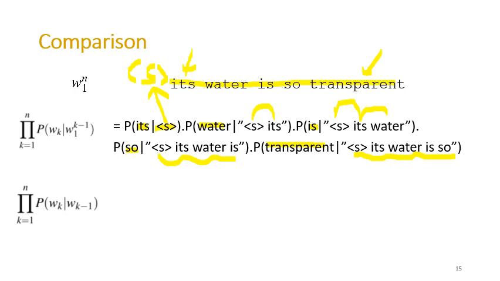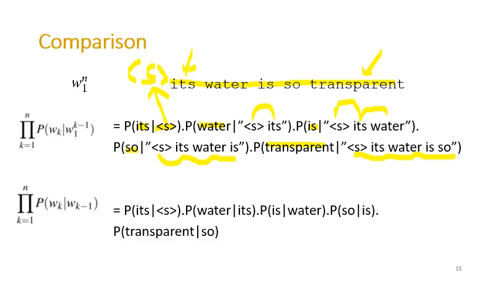Now contrast that with this bigram approximation. We simply say the probability of "its", given that the previous one is the start symbol. Or in other words, "its" is the first word in the sentence. And then times the second word "water", given the first word is "its".